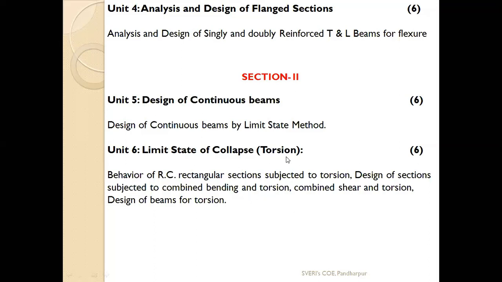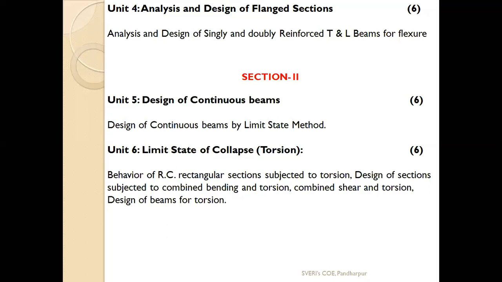So torsion means twisting movement. Okay, you already know the formula for torsion. You have gone through the torsional equation. What is the torsional equation? It is T by J is equal to tau by r is equal to C theta by L. Am I right? So this is the torsion equation. Whenever there is a twisting movement across the section, then torsion will be there.